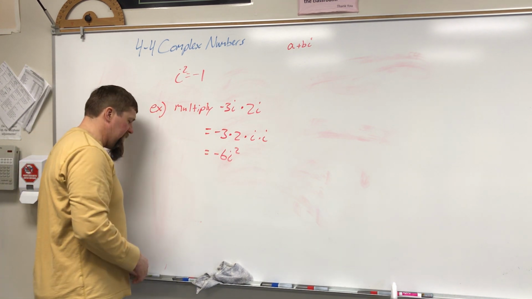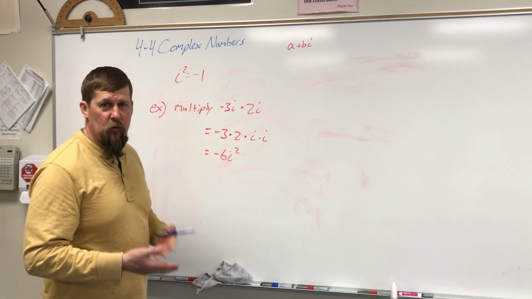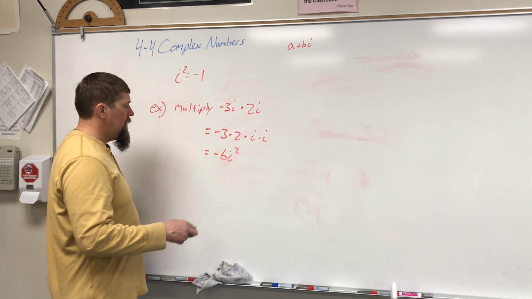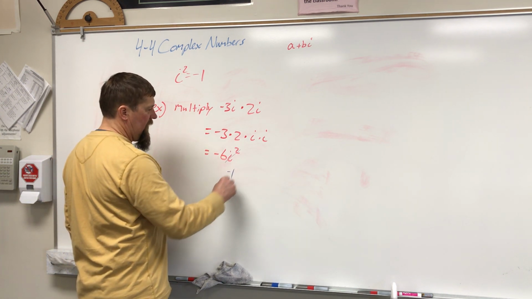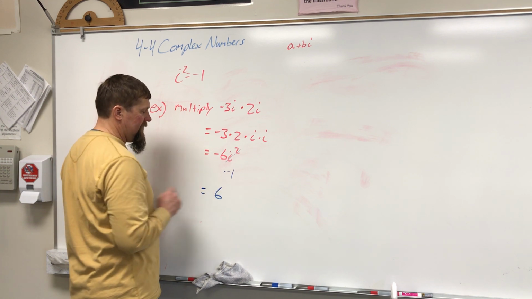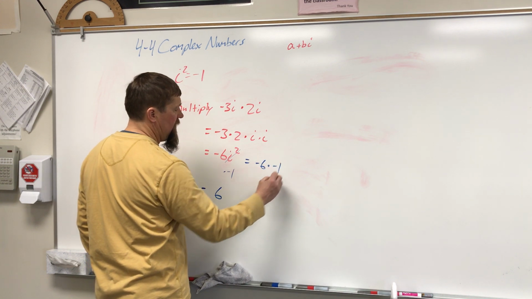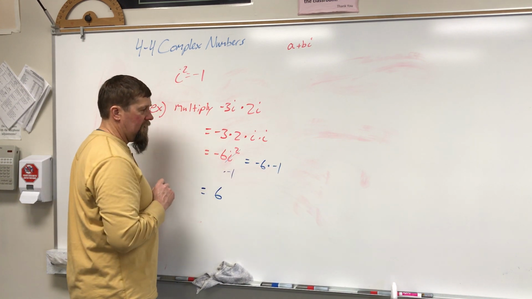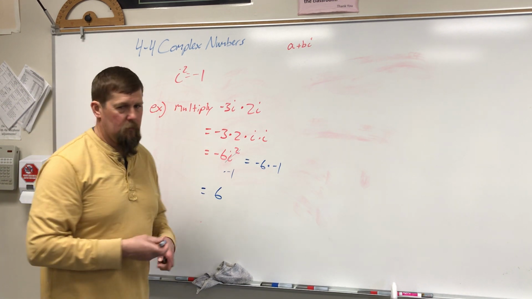Now, we should not ever write a number with i to a power other than 1. And so we should replace i squared with negative 1. So the answer is positive 6, because negative 6 times negative 1, since i squared is negative 1, gives us positive 6.